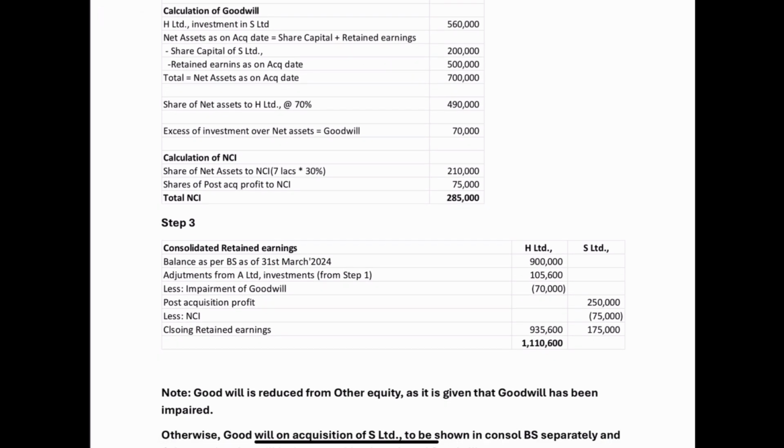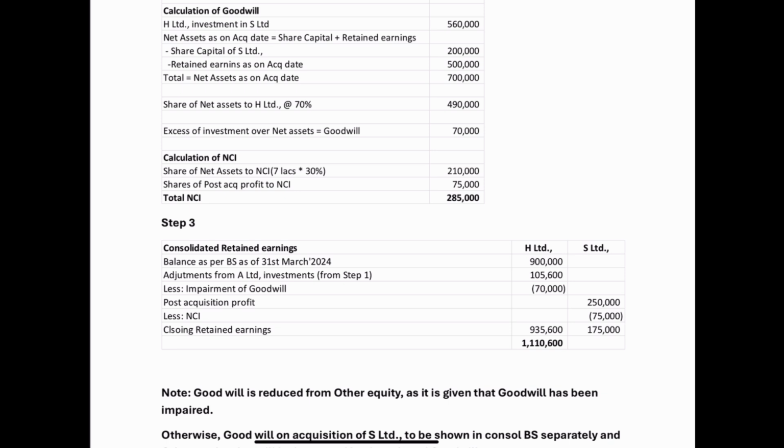And third one, we also need to compute the minority interest or non-controllable interest, because this remaining 30% net asset value needs to be shown separately under equity. So share of net asset value, 7 lakh is the total net asset as on the date of acquisition. On that 30% is the NCI interest that comes to 2,10,000.